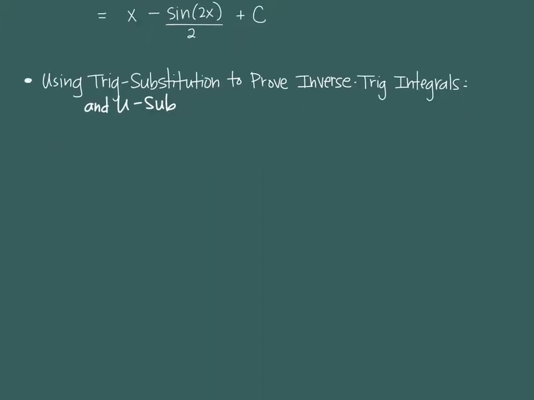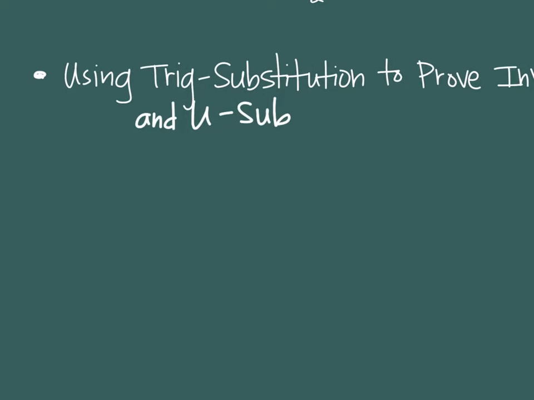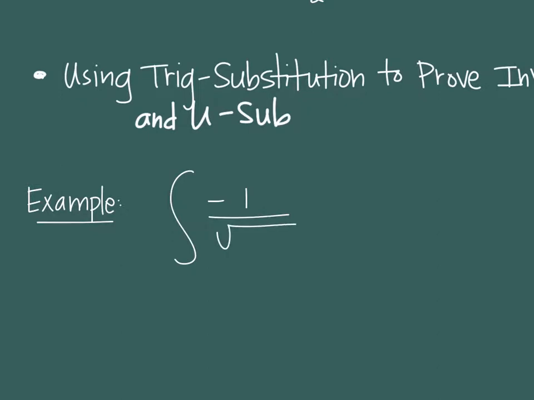Okay, so let me show you what I mean. If I gave you the antiderivative of negative 1 over the square root of 1 minus x squared dx, I think by memory, you know what the answer of that is going to be. At least I hope.